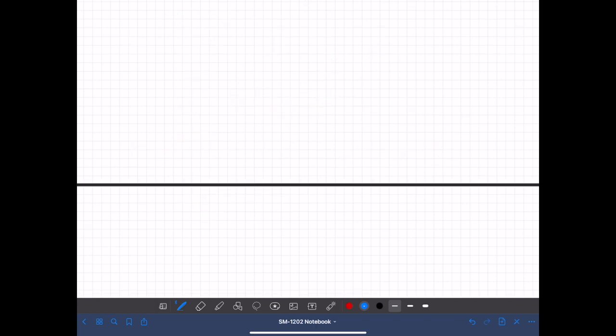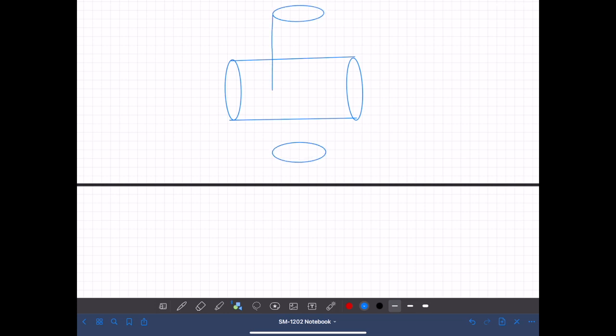Now let's consider a little bit more complicated problem. Suppose we have two cylinders and both cylinders have the same radius, let's say a, but different lengths.